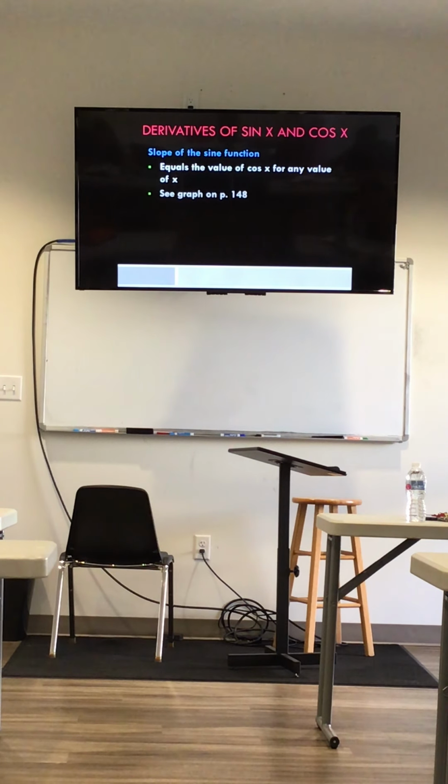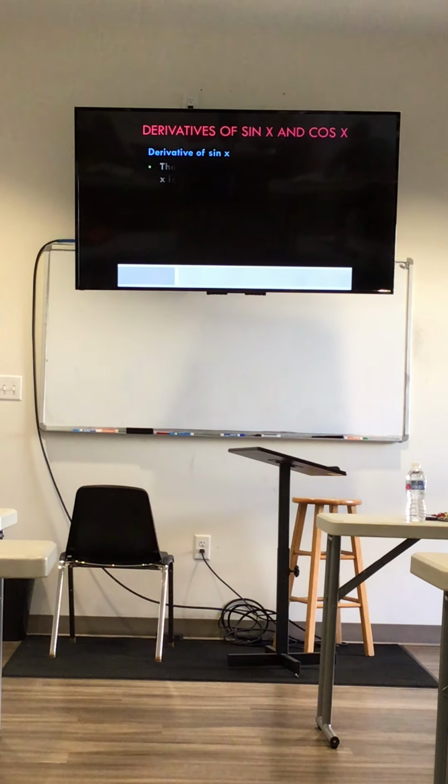What vocabulary word means the slope of the tangent line? You saw it on the screen there at the top of the page. The derivative, okay? The derivative is the slope of the tangent line. So the slope of my sine function, which is the derivative of the sine function, equals the cosine function that we have. So this is our next derivative that we're looking at here, the derivative of your sine function.